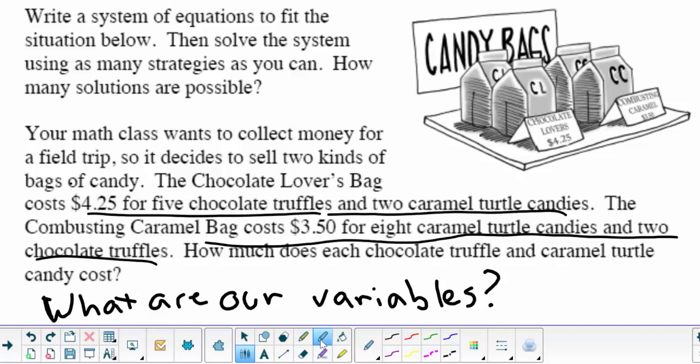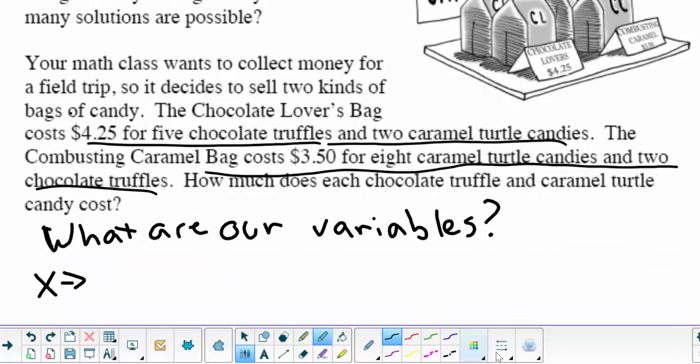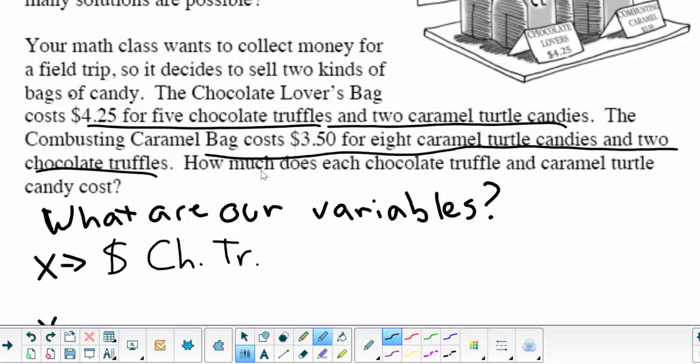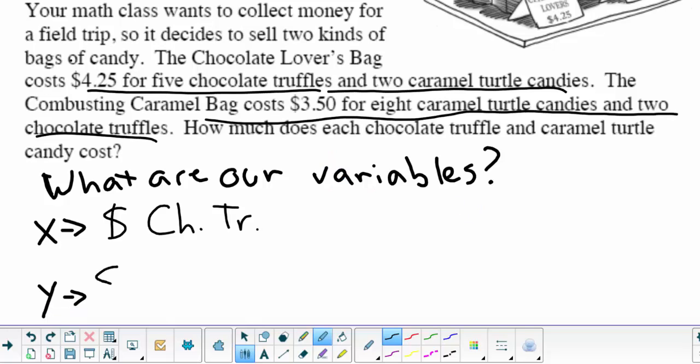All right, so let's set up what we have here. What are our variables? Let's say x is the cost of a chocolate truffle. I'm going to be lazy and put a dollar sign. Then our y would have to be the cost of the caramel turtle candies. Now we need to set up our equations.